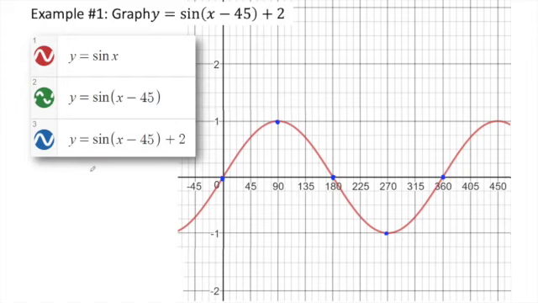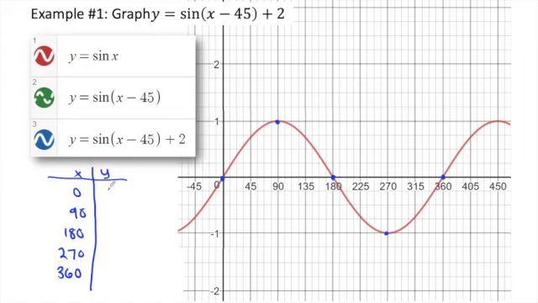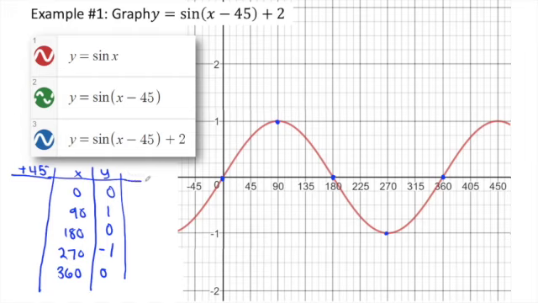And then let's make our table of values so that we can translate our final graph, okay? So 0, 90, 180, 270, 360. Again, we're going to the right 45 because you see the negative, so we're going to add 45 degrees here, and then our plus 2 at the end affects our y's.